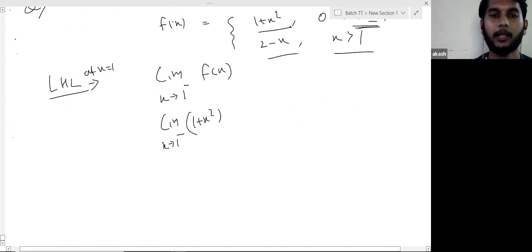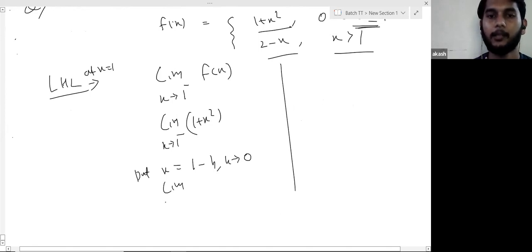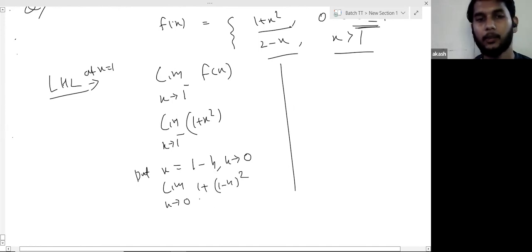Whenever calculating LHL, always put x equals 1 minus h, that means a minus h, and h tending to 0. So this limit becomes the limit as h tends to 0 of 1 plus (1 minus h) whole square. Now you can evaluate the limit by direct substitution. h equals 0, so 1 square plus 1, this is 2.